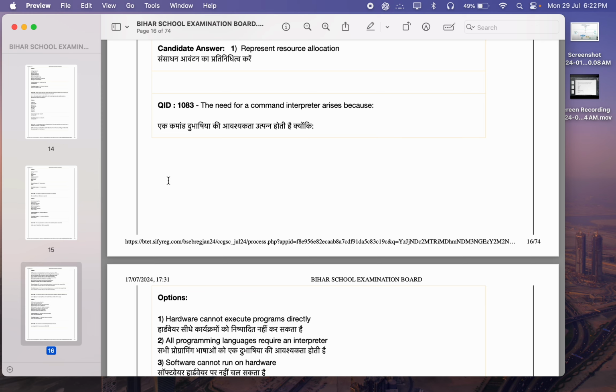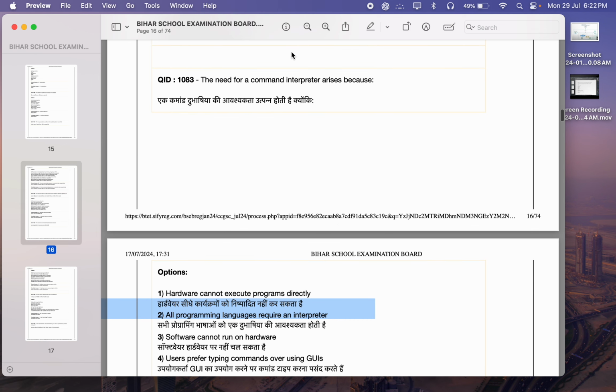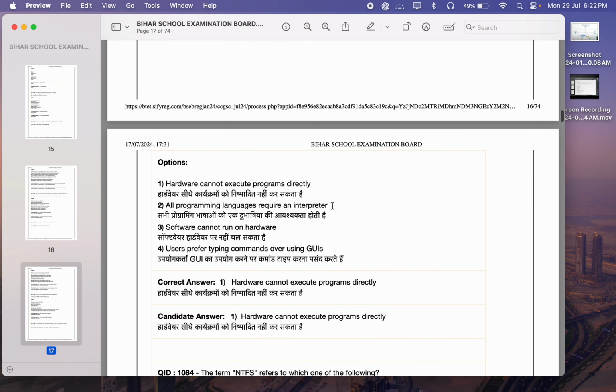The need for a command interpreter arises because... we are not talking about an interpreter, we are talking about a command interpreter. Not all programs need an interpreter. A compiler can also do that. Two is not correct. Software cannot run on hardware? I mean, software runs on hardware only, right?